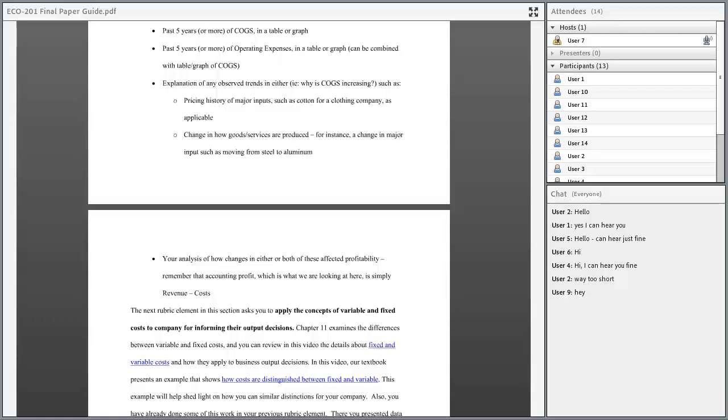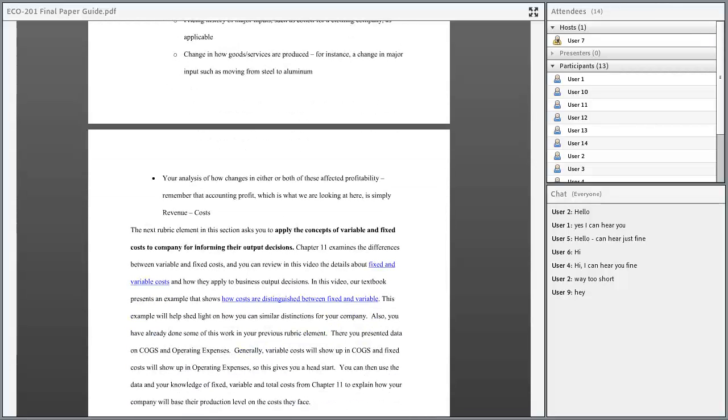And when we talk about over time, as I said, we're usually talking about a 5-year period, which is the same period you would have done for the demand and the supply trends. So once you have identified the cost of production trends, you'll be able to analyze how they affected the profitability of the firm.